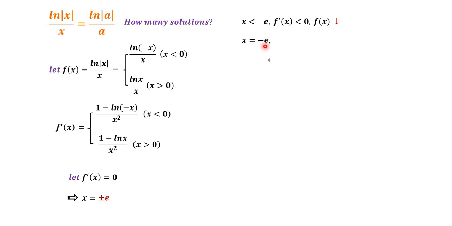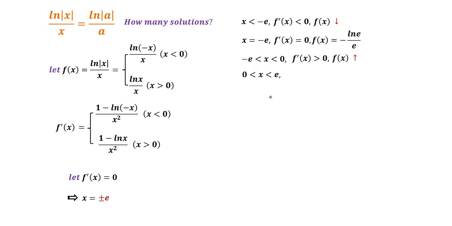When x is equal to -e, f'(x) is equal to 0, and f(x) is equal to -ln e/e. When x is greater than -e and less than 0, so it's still negative, and let's look at this expression, it is going to be positive, so f'(x) is positive, and f(x) increases in this range.